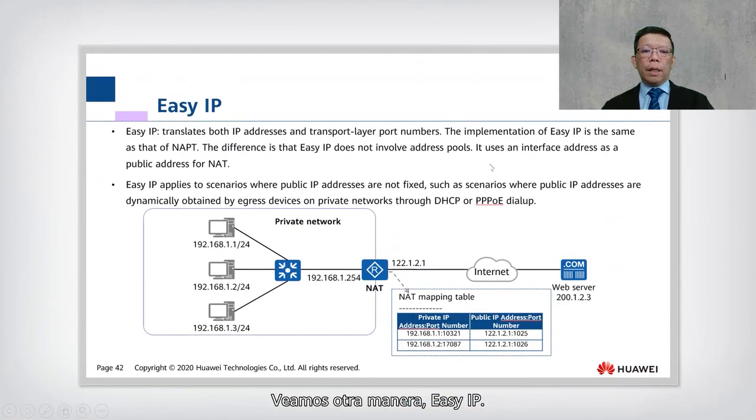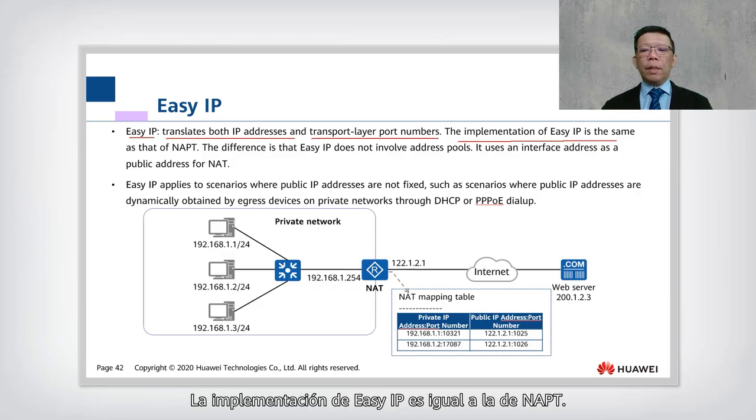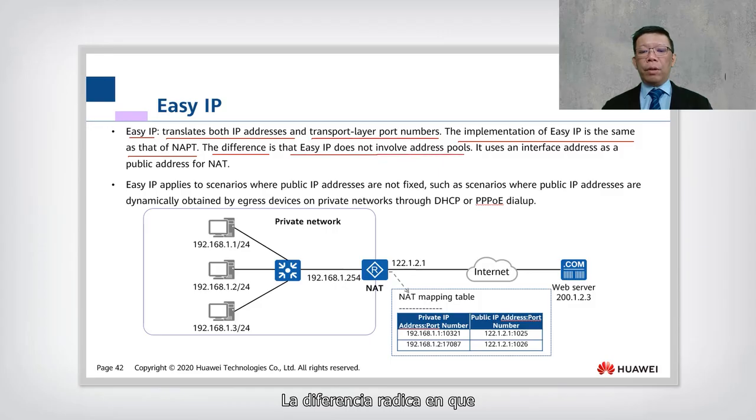Let's look into another way for us to configure this. We call it easy IP. Easy IP and NAPT are about the same, but there is one slight difference. Easy IP translates both the IP address and the transport layer port number. The implementation of easy IP is the same as NAPT. The difference is that easy IP does not involve an address pool.